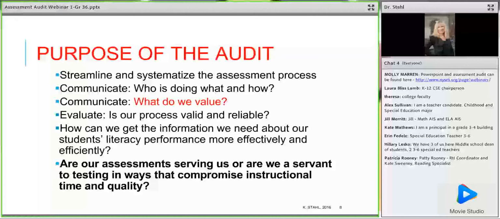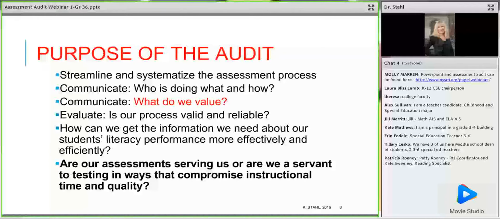And next, in terms of communication, in red: what do we value? In so many schools that I visit, and I was guilty too when I was a teacher, of doing other assessments besides the mandated assessments behind closed doors. So what is it that we do as teachers behind closed doors? Let's make it transparent, and let's tell everybody why we're doing this.